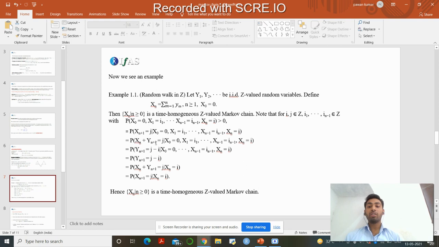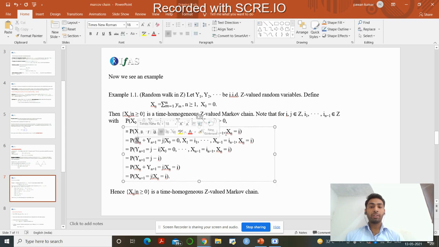Then we will find the value of Y(n+1). As I know Xn equals i as per this condition, we put Xn equals i, then Y(n+1) equals j minus i, we subtract this. Given all is the same, we can write Y(n+1) equal to j minus i. Because it does not depend on the past values, it depends only on the present value, by the Markov chain property.